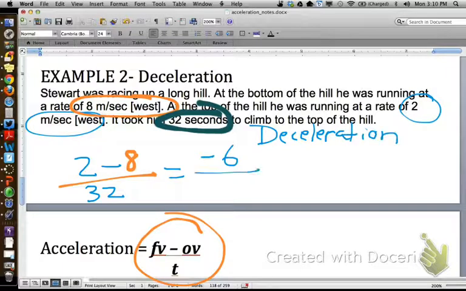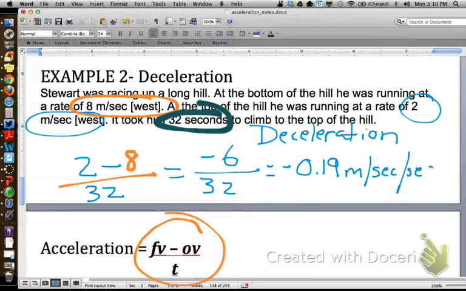And so I get negative 6 divided by 32, and so I need to calculate that. After putting that into my calculator, I get about a negative 0.19, and that would be meters per second, and that would again be west.